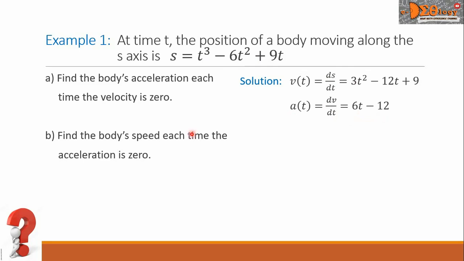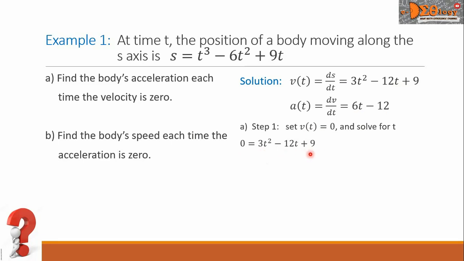Now, let us solve for problem A. Step 1 is we're going to set the velocity function equals 0 and solve for t. So this function here now becomes 0 equals 3t squared minus 12t plus 9.